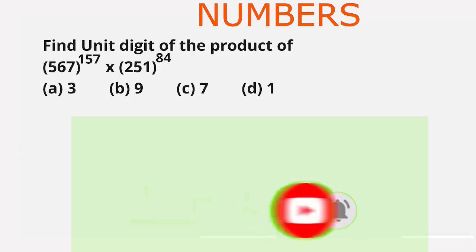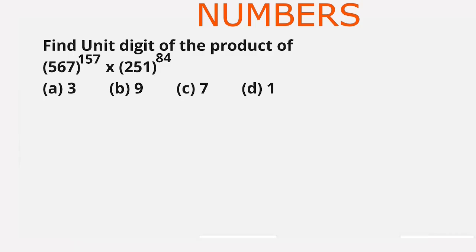We have to find the unit digit of the product of 567 to the power 157 multiplied by 251 to the power 84. As we are concerned only with the ones place or unit digit, we can write the question as 7 to the power 157 multiplied by 1 to the power 84, as the ones place digits are 7 and 1 in both constituents of the product.